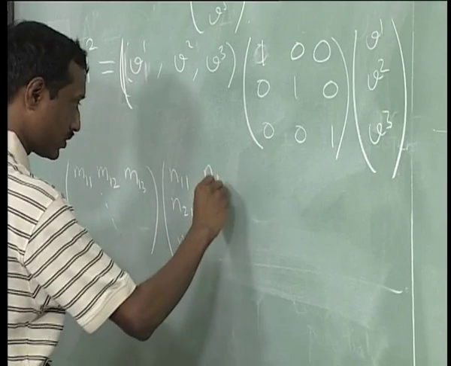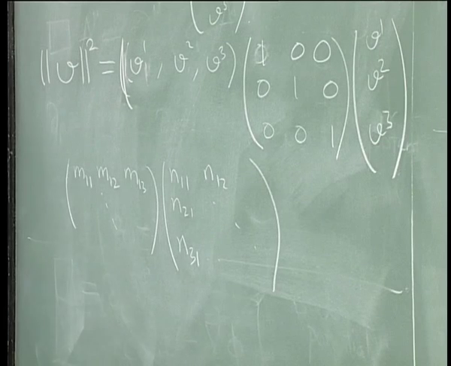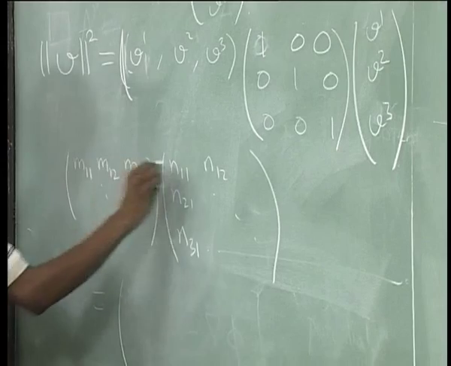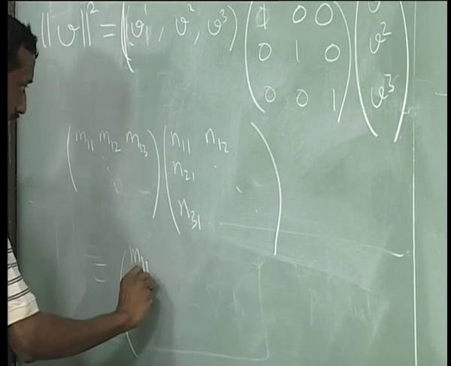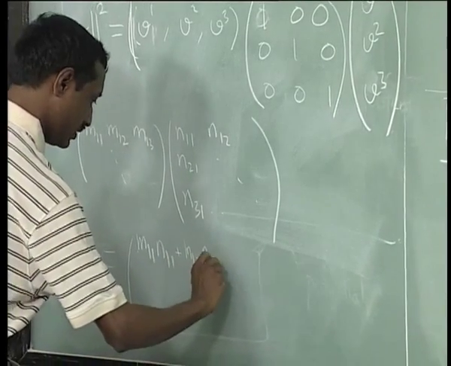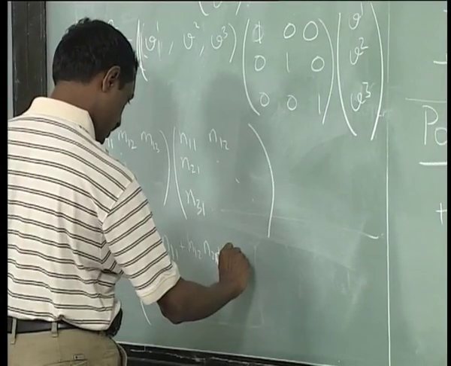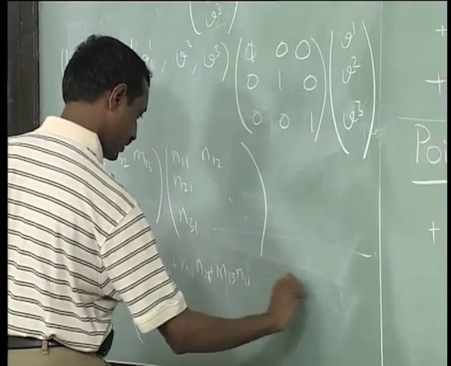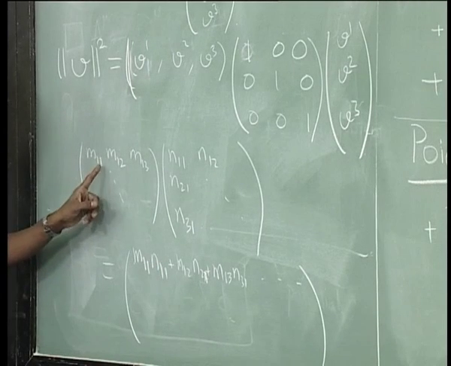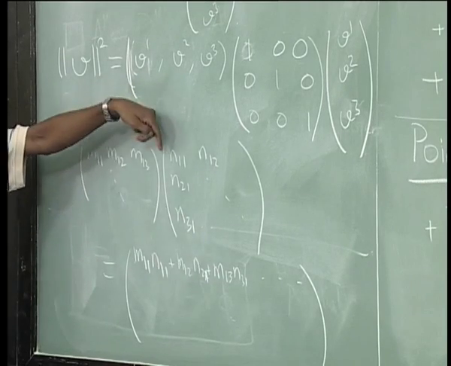We could write more terms, but for me I just need to multiply out the first row and the first column. So, let us just concentrate on this. You end up getting M11 N11 plus M12 N21 plus M13 N31. The rest of the terms are not so important. Let us focus on this. What you can see here is that the column index of the first matrix is summed with the row index of this thing.